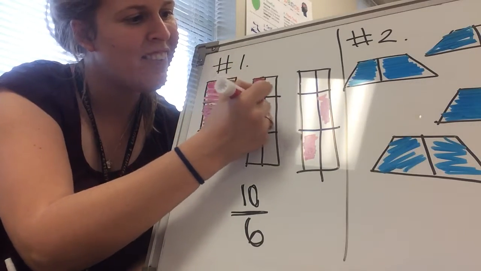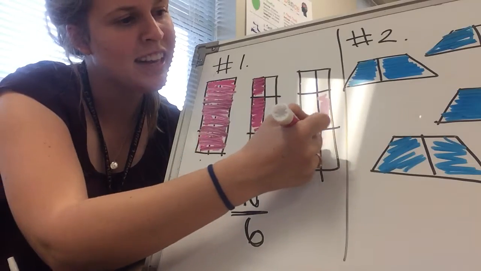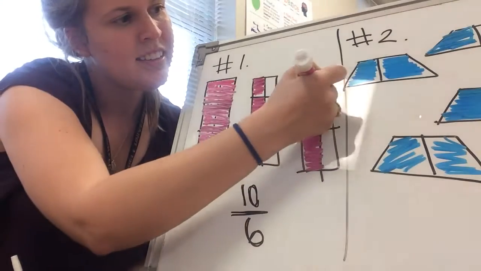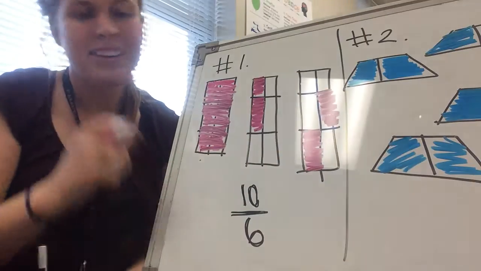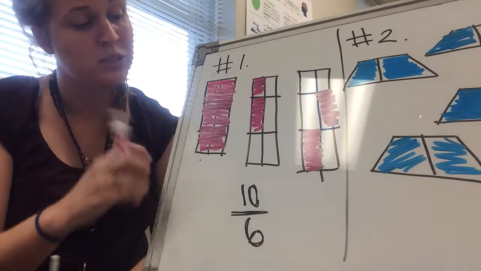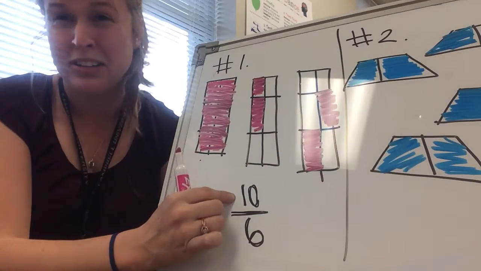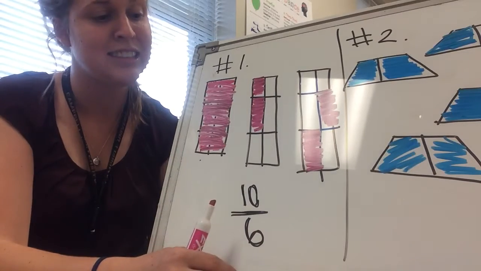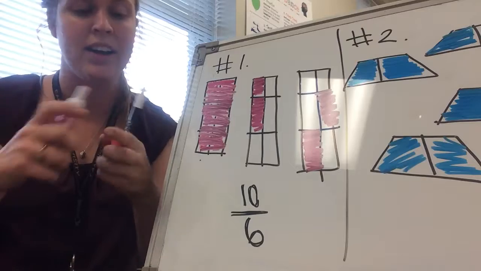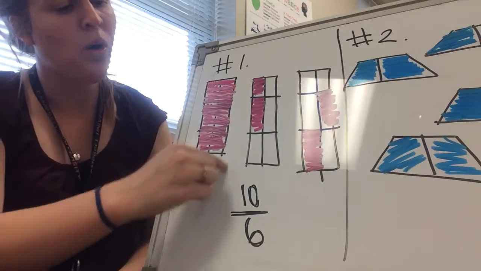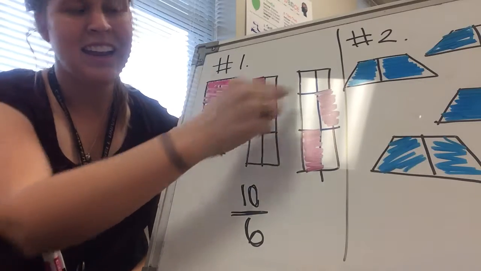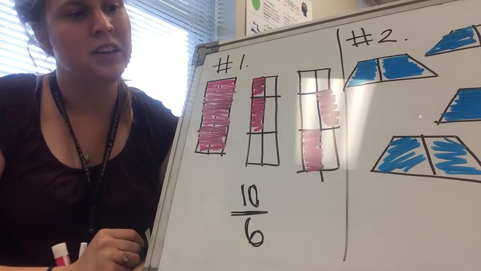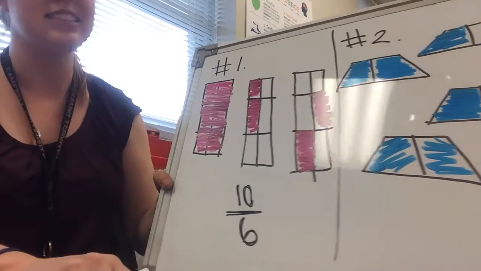I also have a couple little extra pieces hanging around. So it matches our idea in the orange video too, that when the numerator, or the top number, is bigger than the denominator, the fraction is showing you more than just one whole. This shows me a whole rectangle and some extra parts.